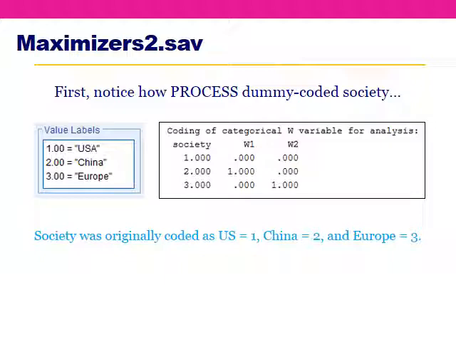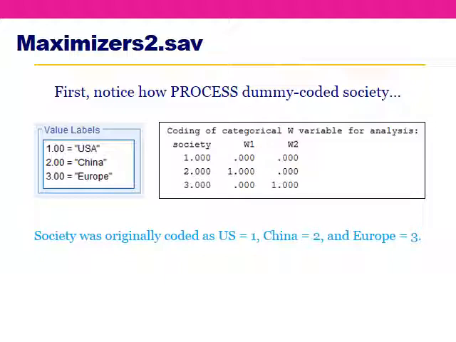So dummy variable 1 is coded like this. Dummy variable 2 is coded like this. So what it's done is it's taken the lowest group, USA, and it's made that our control group by giving the USA zeros for both dummy variable 1 and dummy variable 2. China gets a 1 on dummy variable 1 and a 0 on dummy variable 2, and Europe gets the opposite.